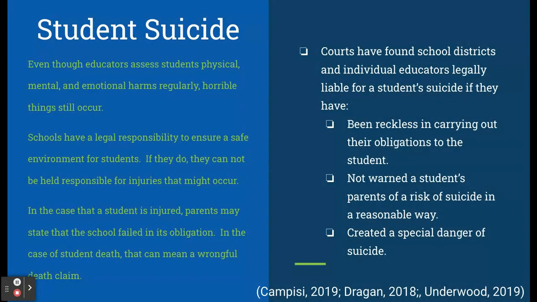Now, this last one, student suicide. It's really important to talk about, even though it's a difficult topic to discuss. And even though we work hard to assess our students' well-being as a whole child, horrible things do still occur in schools across our country.